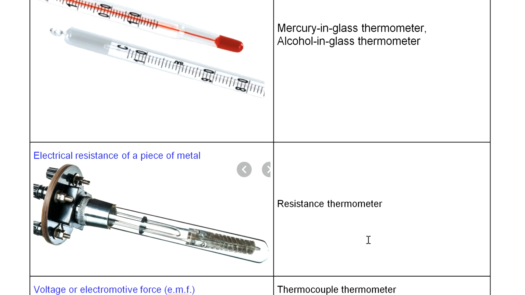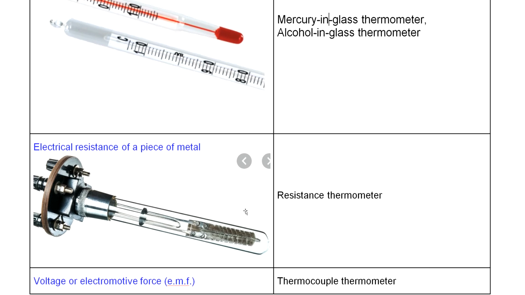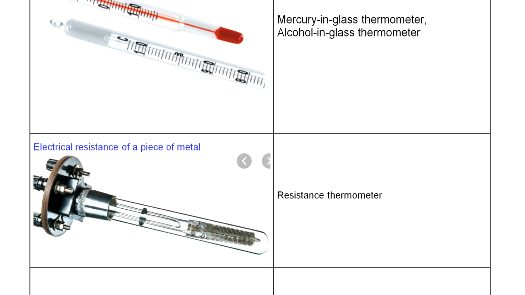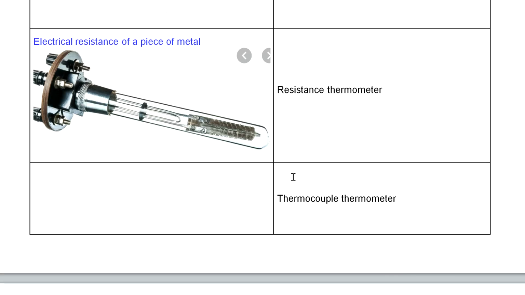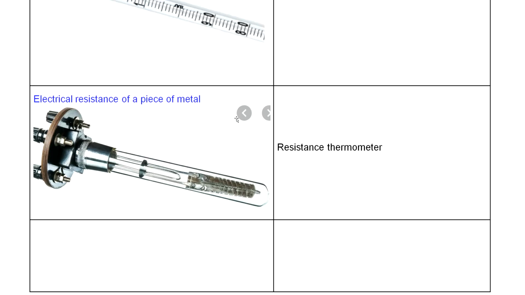So in this, the physical parameter of the electrical wire, that is its electrical resistance, is going to change. Now students, this will not be included in your syllabus, that is electrical resistance, but the next one is important. This is also included in your syllabus, and students, this electrical resistance thermometer is used to assess or measure temperature where there is a danger of fire in the large buildings.